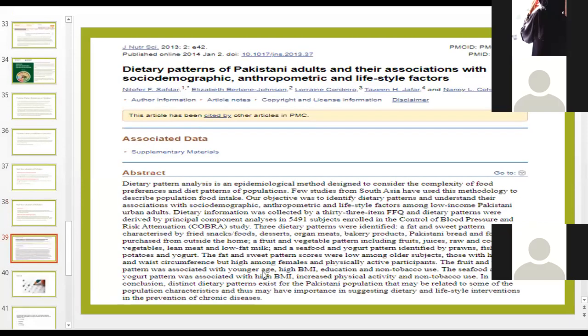Now, this is an article, Dietary Patterns of Pakistan Adults: Association with Socio-Demographic, Anthropometric, and Lifestyle Factors. It shows that distinct dietary patterns exist for the Pakistani population that may be related to some population characteristics and may be important in suggesting dietary and lifestyle interventions in the prevention of chronic diseases.